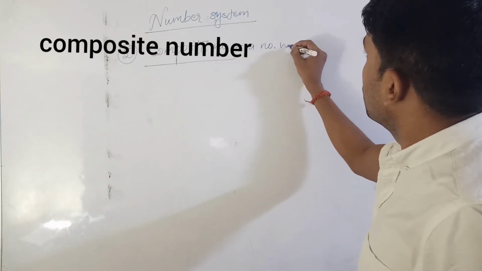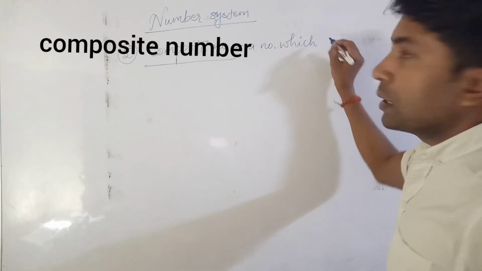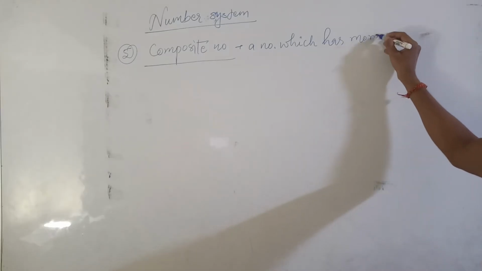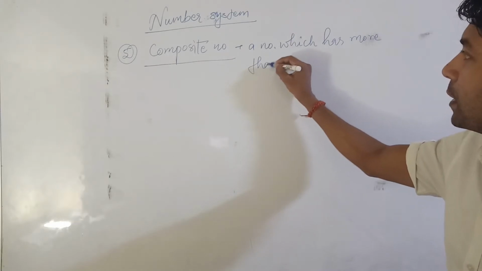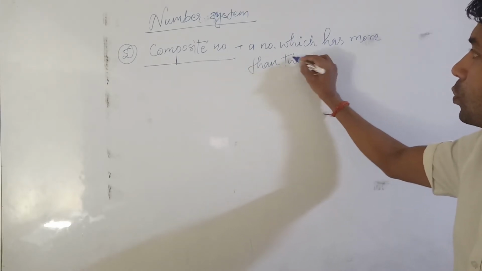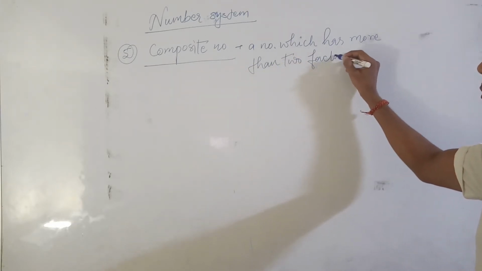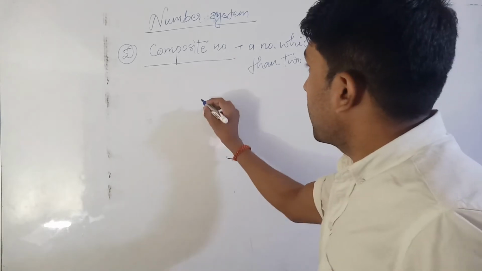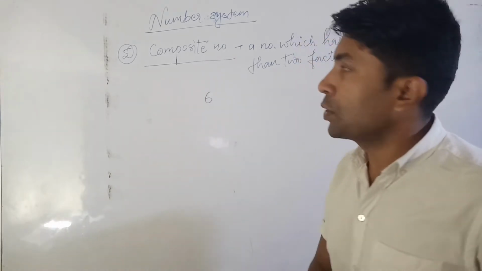A number which has more than 2 factors. Okay, suppose I write here the number 6.